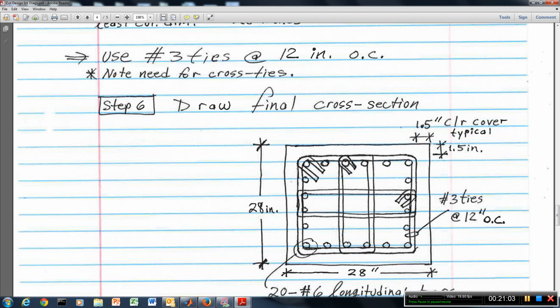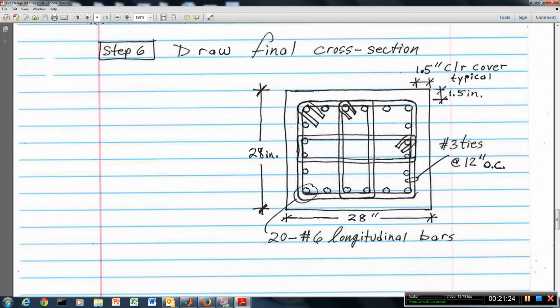And so we have satisfied all of the ACI requirements for the ties by providing the number 3 ties at 12 inches on center in addition to the cross ties, which are number 3 also and at the same spacing. We also have the 1.5 inch clear cover that is required.